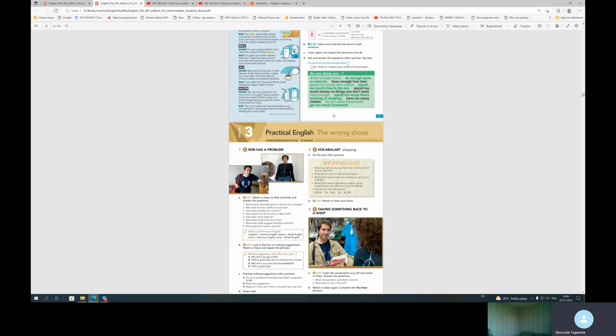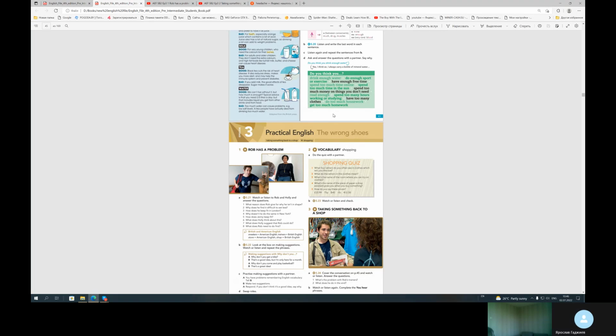What reason does Rob give for why he isn't in shape? Shape, not share. What is shape? To be in shape means to be fit.